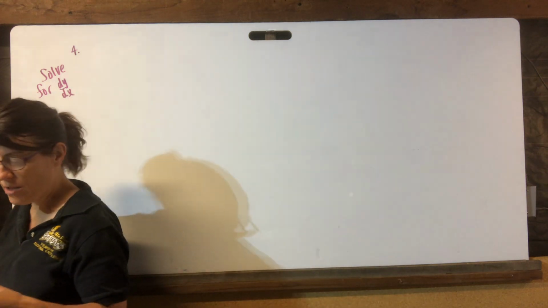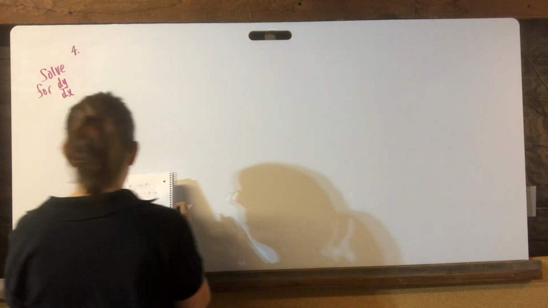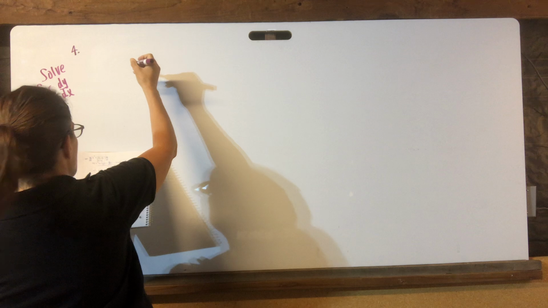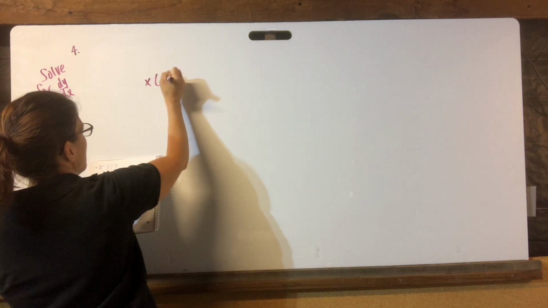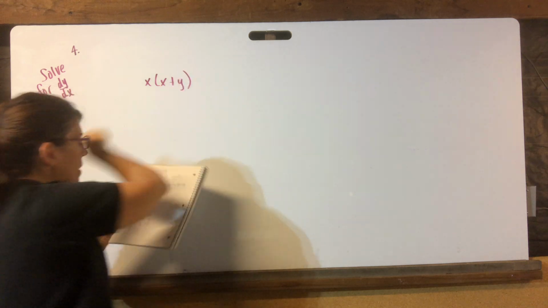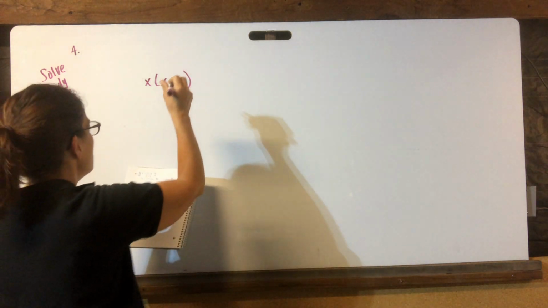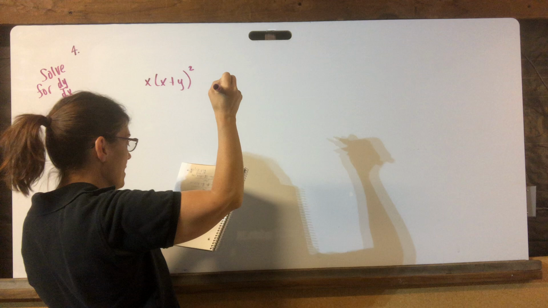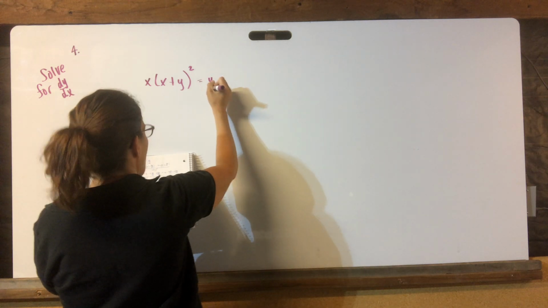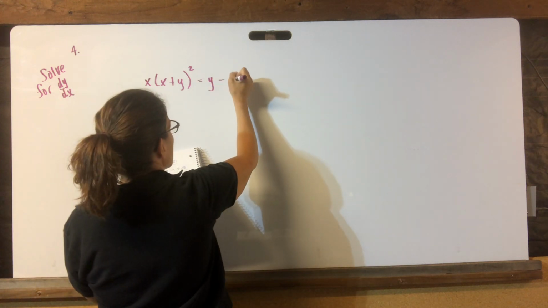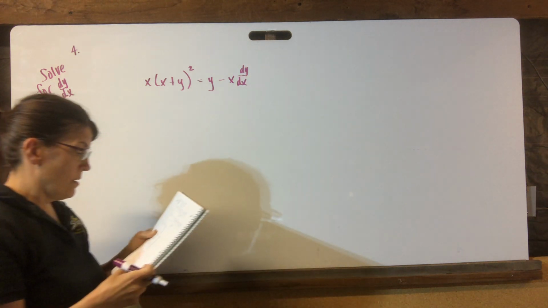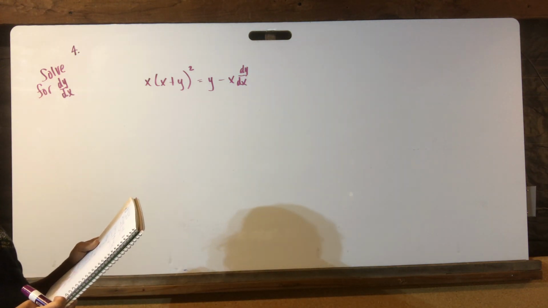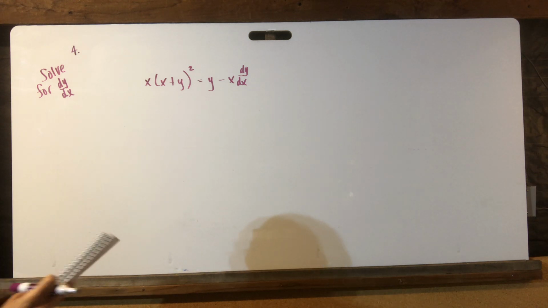Once you get to this point, it's all algebra. So you end up doing some work and you end up getting down to (x plus y) squared equals y minus x, times dy/dx.